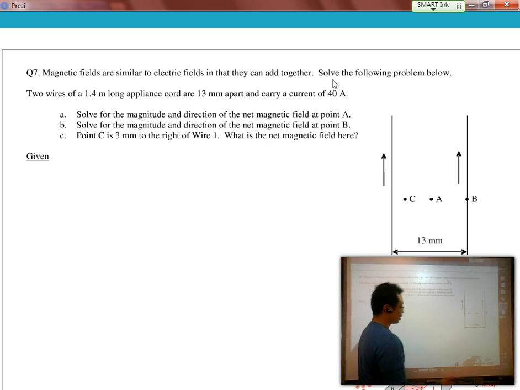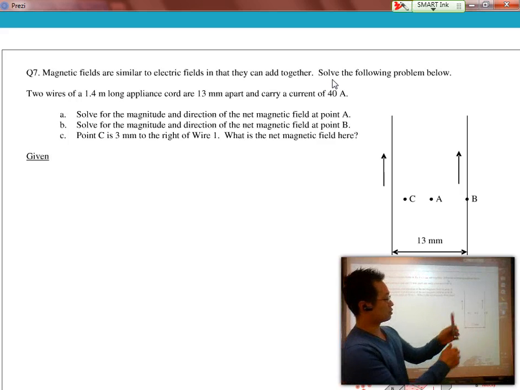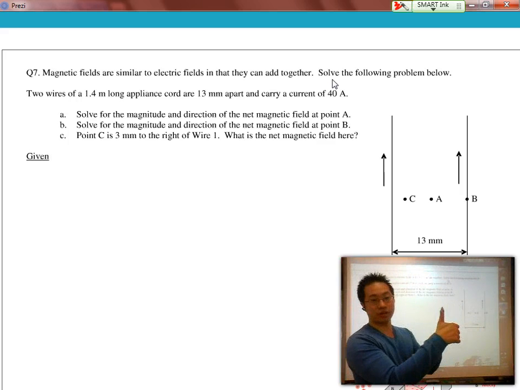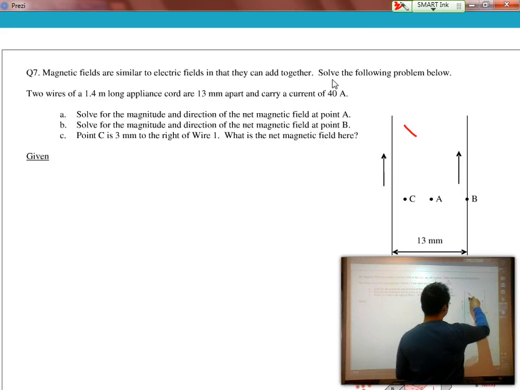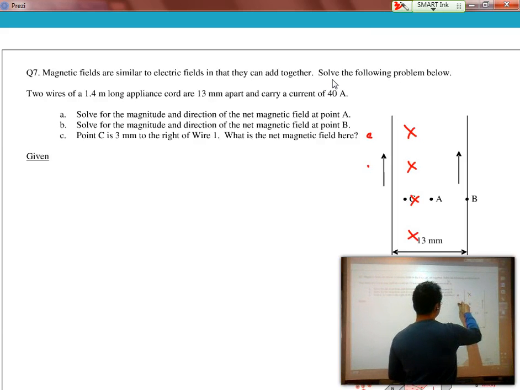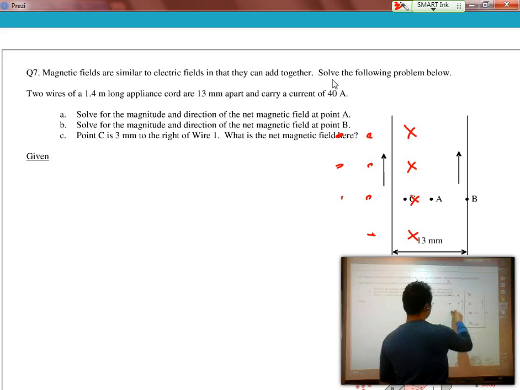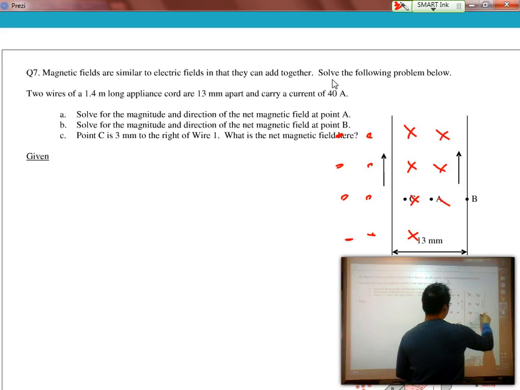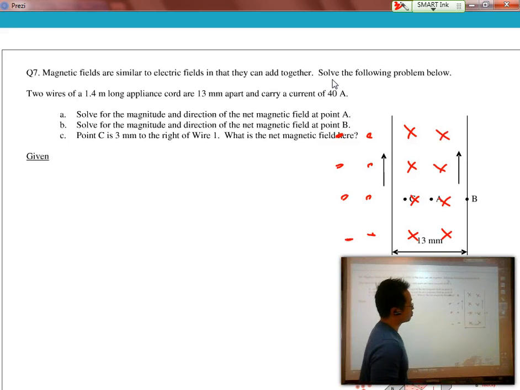Using our hand rule, and noting that the first wire's current is going up, we can see that the field goes into the page on the right and out of the page on the left. That means everything to the right of the first wire is going into the page, and everything to the left of the wire is going out of the page.